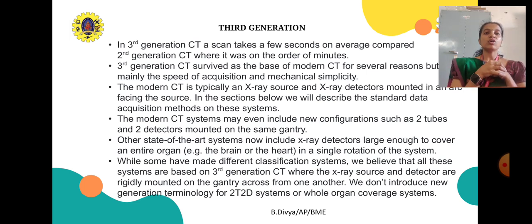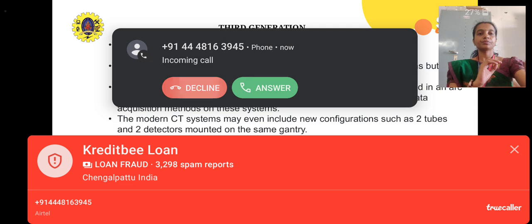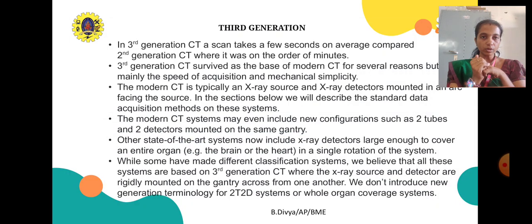Other state of art systems now include an X-ray detector large enough to cover an entire organ, for example, the brain or the heart.